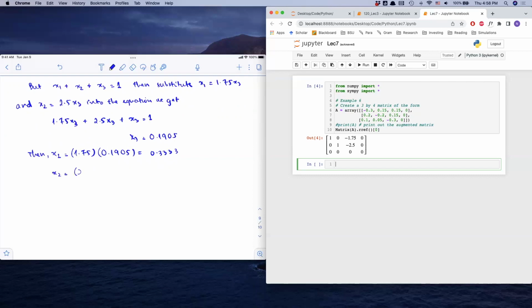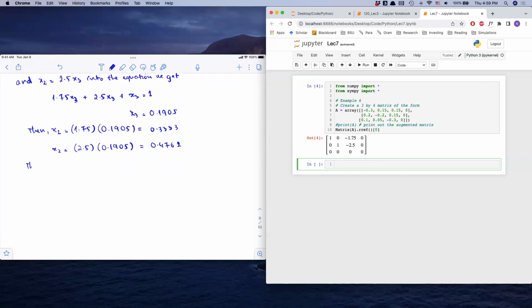And x2 is 2.5 times 0.1905, and this is equal to 0.4762. Therefore, you conclude that the steady state matrix, x bar, is equal to 0.3333, 0.4762, and 0.1905.